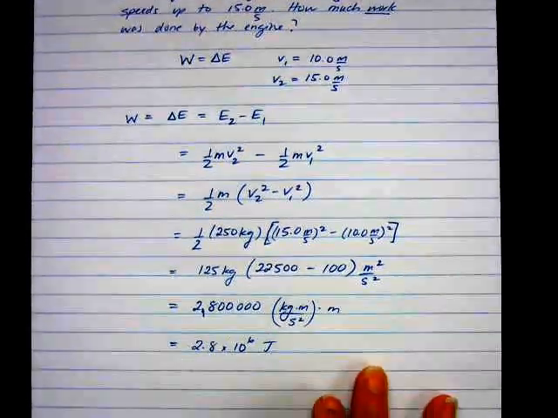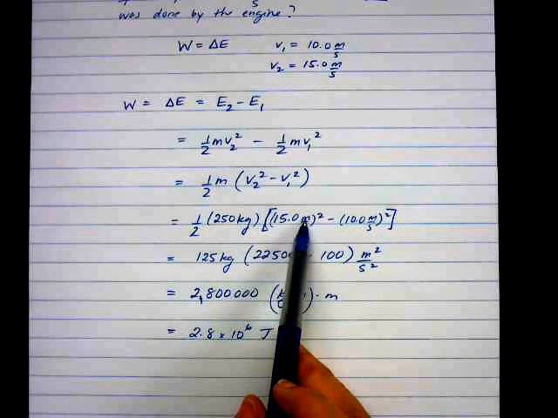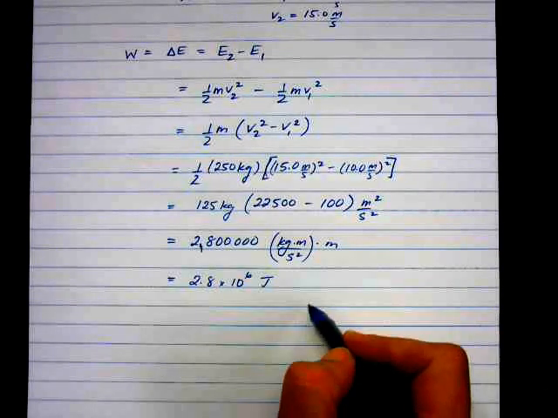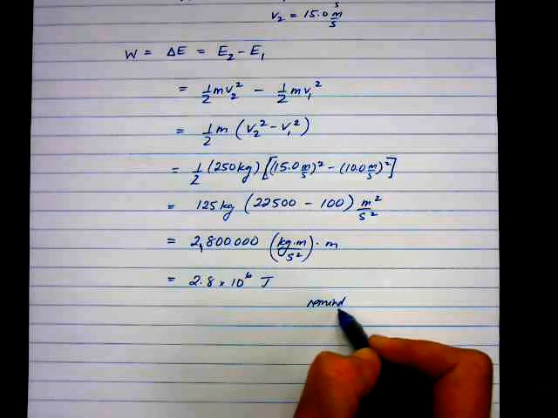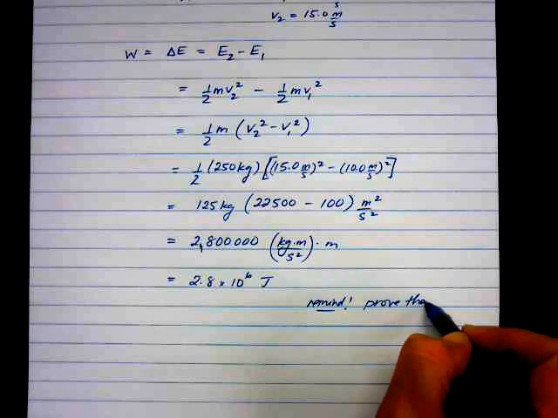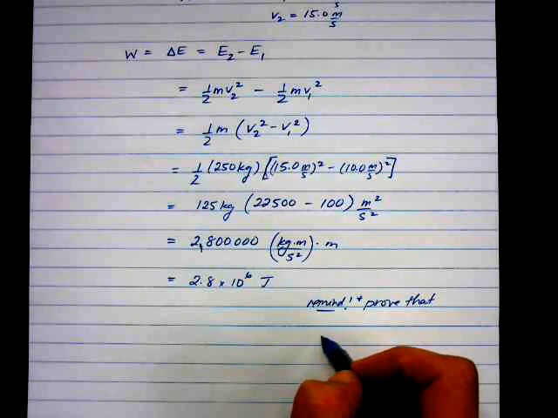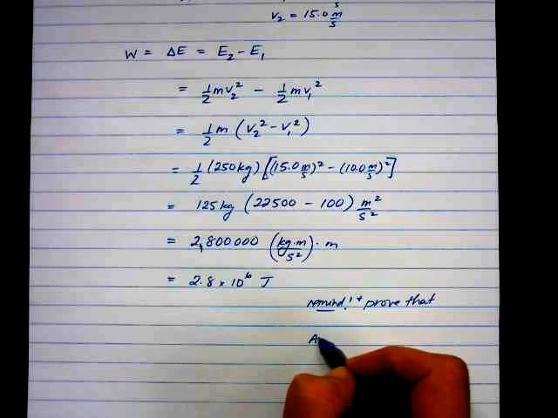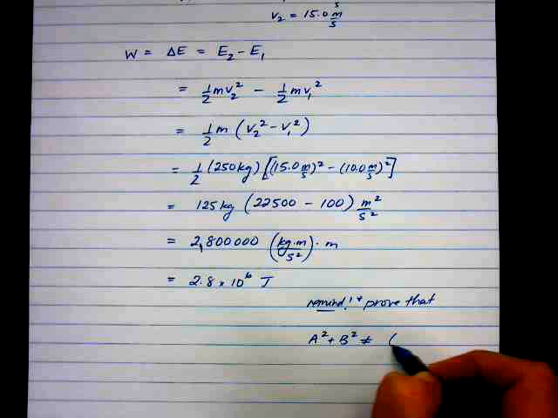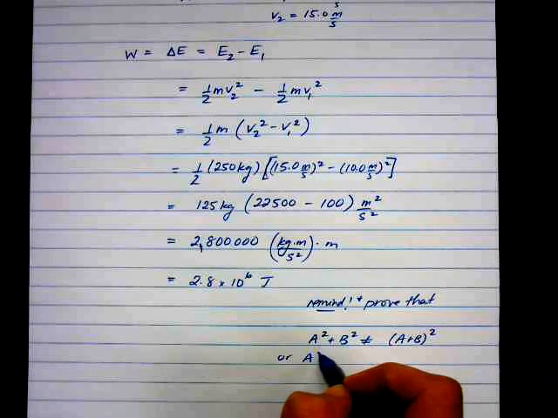Be really careful when doing this, because these squares have to happen first, and you should remind yourself and prove it to yourself that a squared plus b squared does not equal a plus b squared, or vice versa.